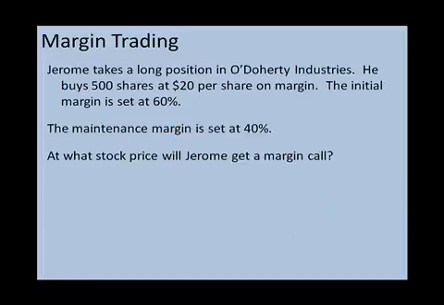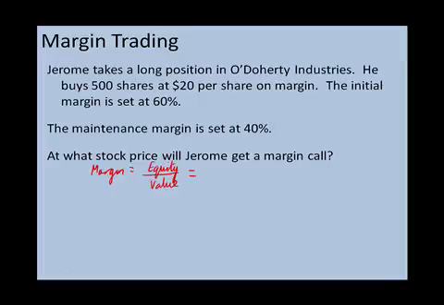Now let's add some more details to this example. The maintenance margin for Jerome is set at 40%. At what price will Jerome get a margin call? To answer this question, we again start with our basic formula for margin.